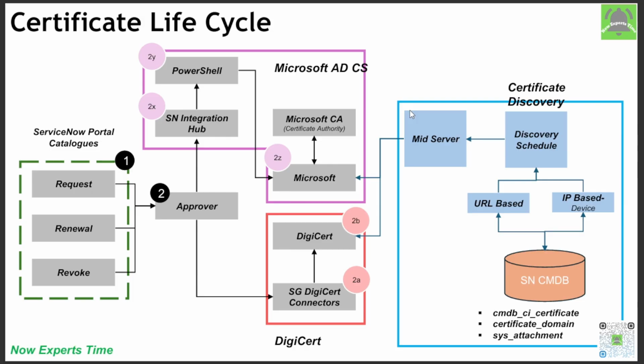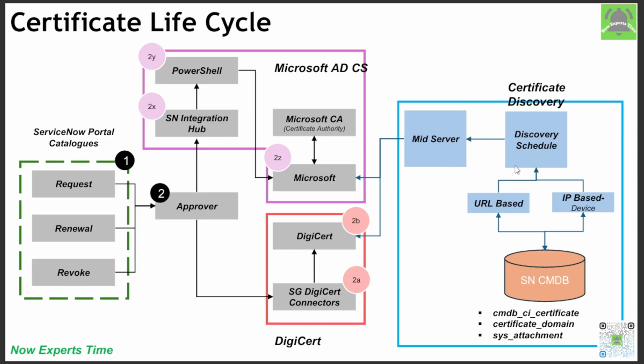In certificate discovery also, the MID Server is pretty important. To enable this MID Server, what ports are required and what firewalls need to be enabled, those things are important in this MID Server part. Once this MID Server is installed on the appropriate machine, then the discovery is going to kickstart.